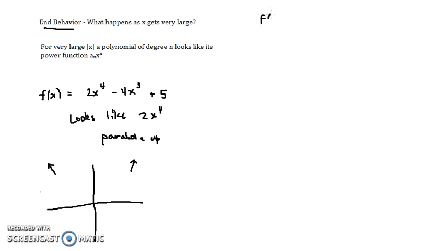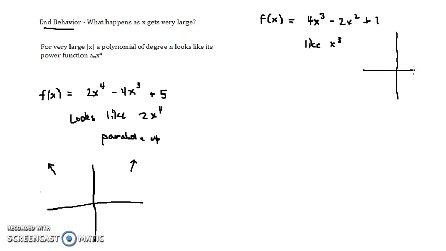Okay, let's say we have f of x equals 4x cubed minus 2x squared plus 1. Same thing here. As x gets really, really big, these other terms don't matter as much. It's really just the 4x cubed that matters. So we know that it looks like x cubed on the ends.